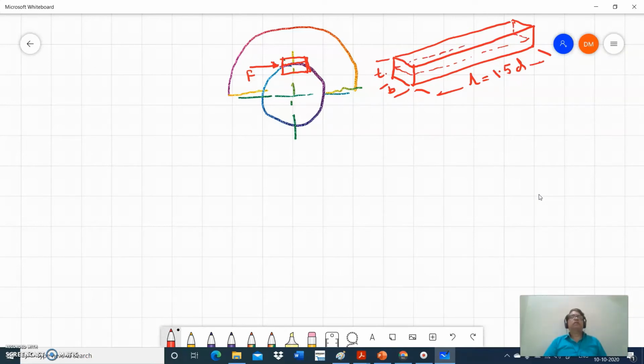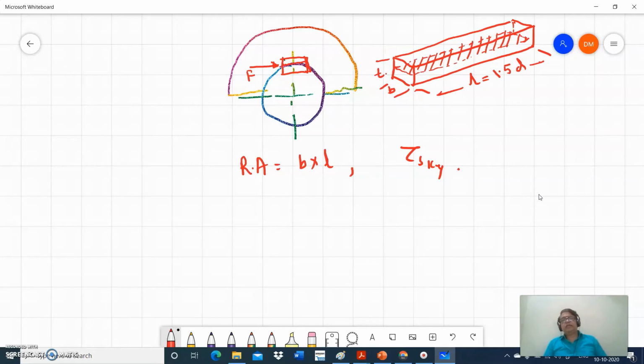If I draw this dotted line, this is the hatched area. This is the indication of the failure in shear. The resisting area in shear is equal to the width B into the length L, right? And what is the resisting stress? Tau s is the resisting stress for the key.